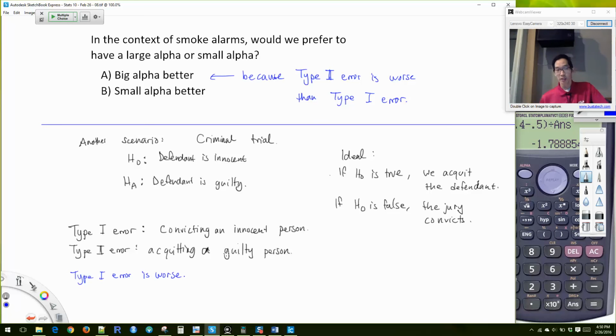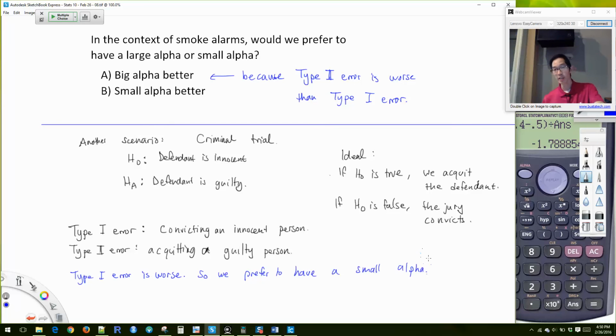So because the type 1 error is worse, we choose to have a small alpha. Small alpha is better.